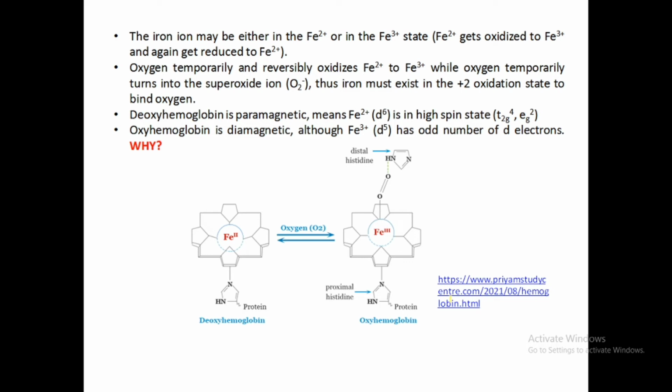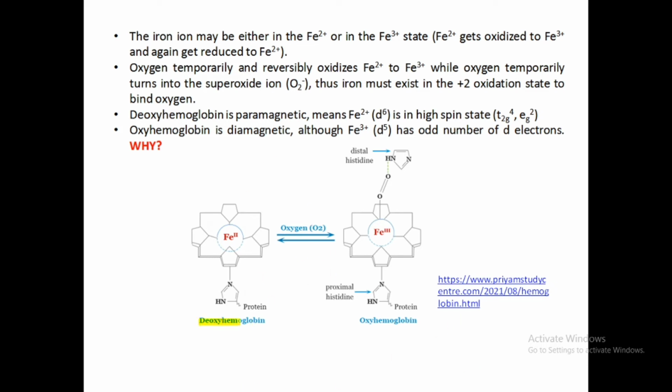It's like +2 can get oxidized to Fe3+ and then again get reduced to Fe2+. So how do we tackle this point? How do we know that in the deoxy form iron is present in the +2 oxidation state, and in the oxy form it goes to a +3 oxidation state? I'm going to address that query here.